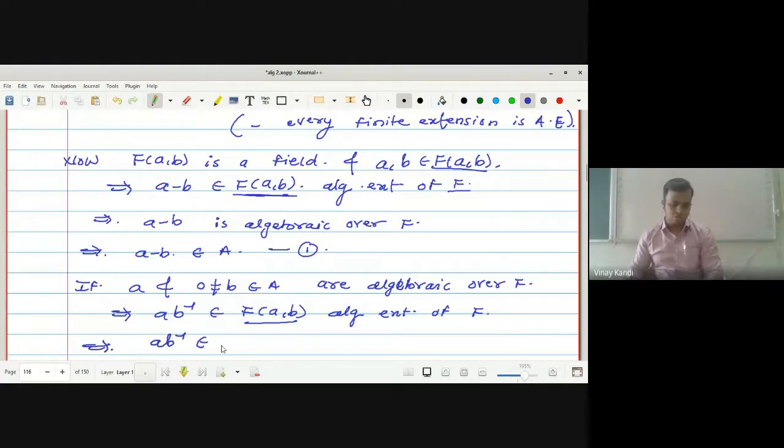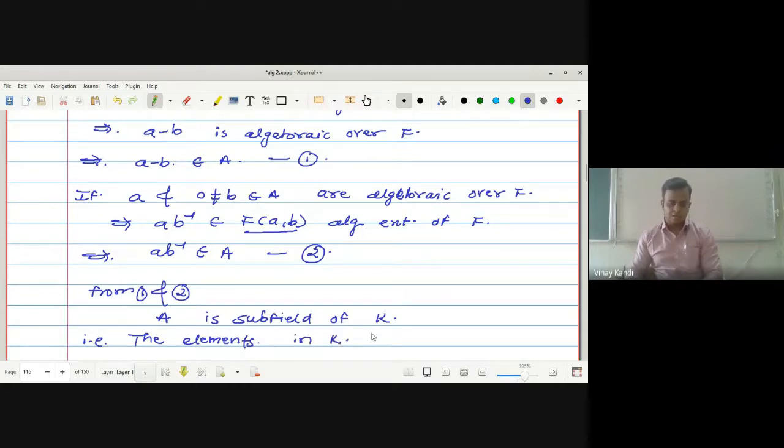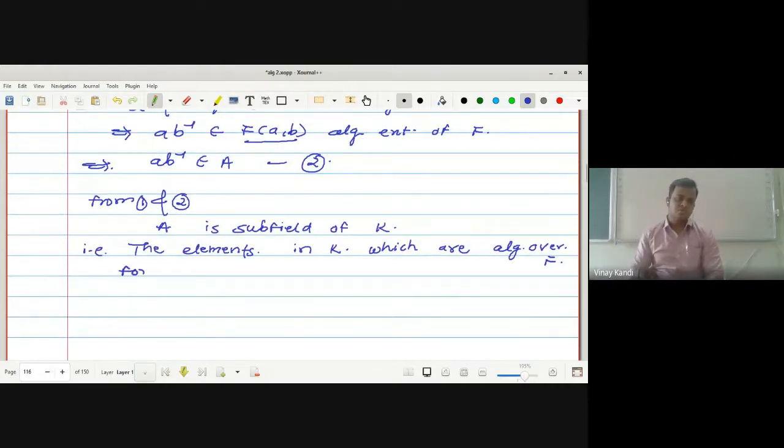Number 2. So from 1 and 2, A is a subfield of capital K. That is, the elements in K which are algebraic over F form a subfield.